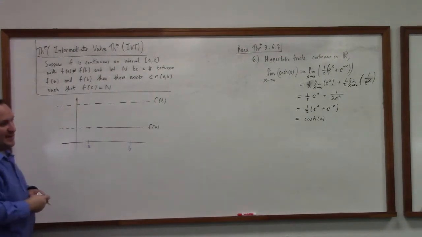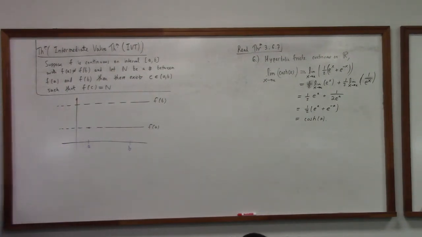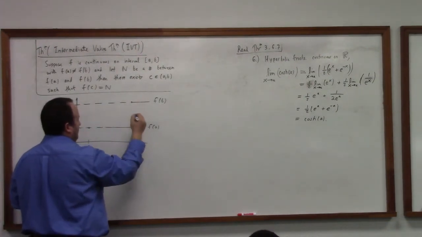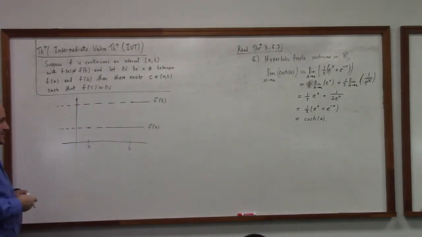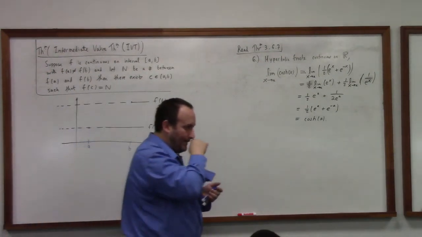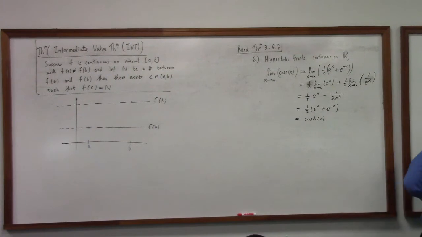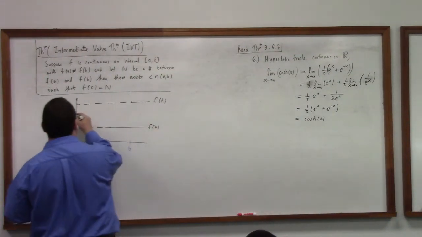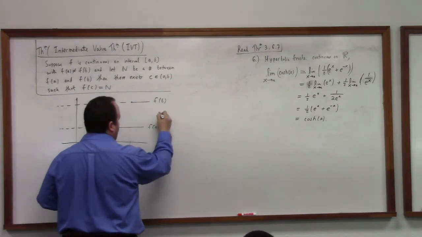And we're also assuming that a is not equal to b, obviously. But either the graph looks like this, or f of a is smaller than f of b. And where is n in this picture? Some value between f of a and f of b, right? So you could visualize that by this horizontal line.